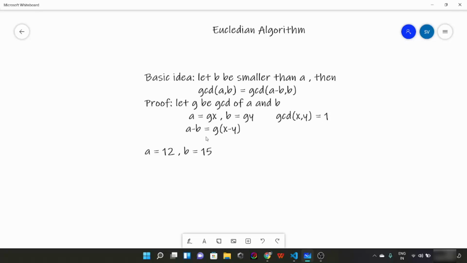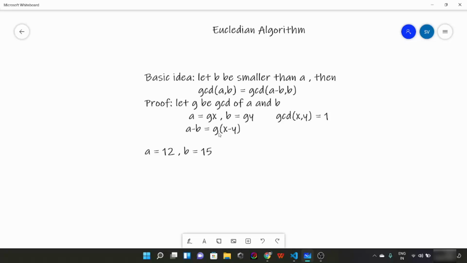So if we subtract B from A, then what would we get? G(x minus y), right? And what would be the multiples of A minus B? So one would be G, right? And one would be x minus y.